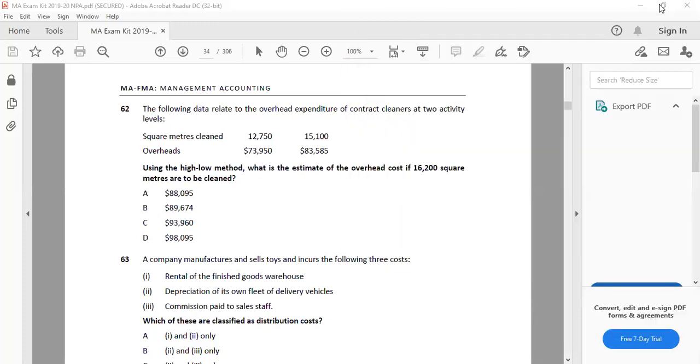We see square meters cleaned, so I'm just typing this one. By tomorrow, we'll sort out this particular issue. 12,750, and 15,100 for the other one.